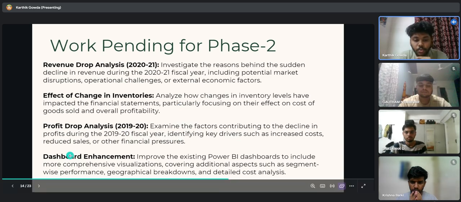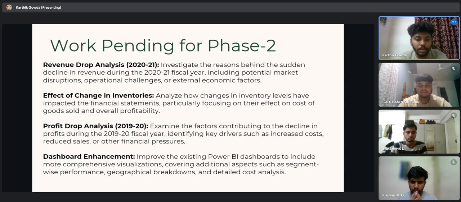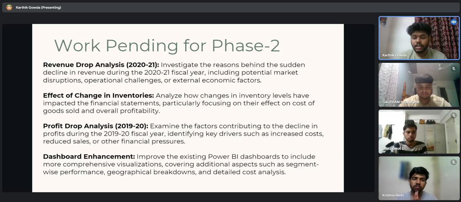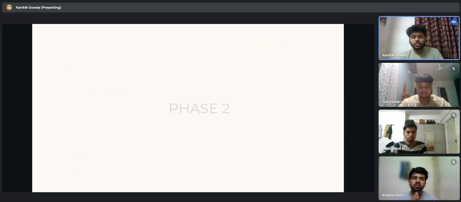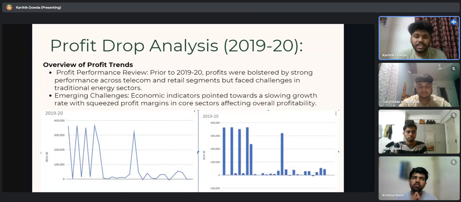And we have a dashboard enhancement: improving the existing Power BI dashboard to include more comprehensive visualization, covering additional aspects such as segment-wise performance, geographical breakdowns, and detailed cost analysis. Next, this is the visualization of the profit drop analysis. This is an overall graph.